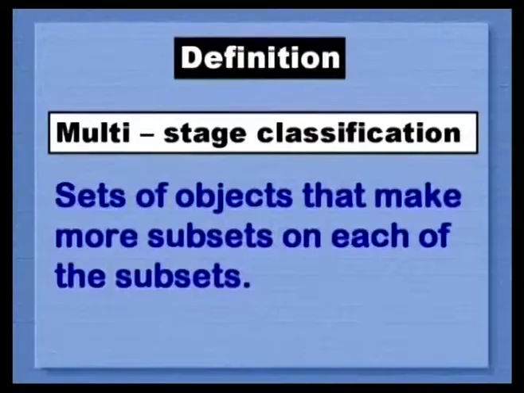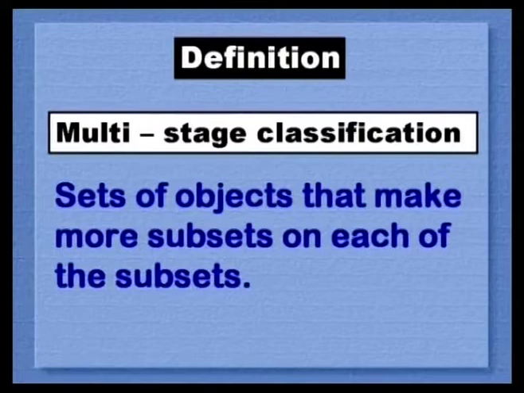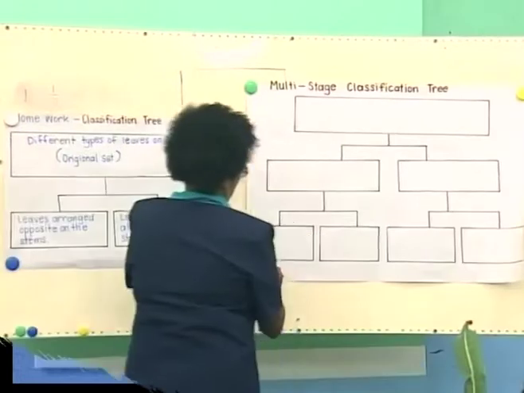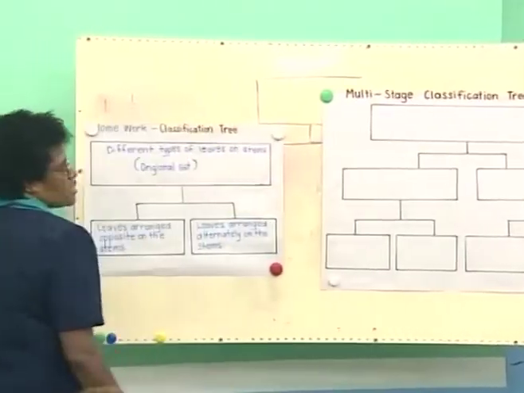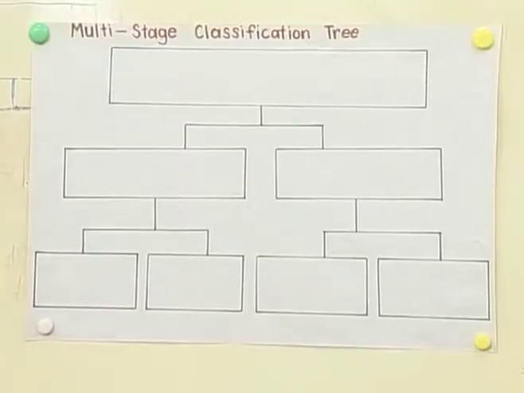Now, for this lesson, we will be looking at multi-stage classification, which is a set of objects that make more subsets on each of the subsets. Now, this is what it would look like. That's a multi-stage classification tree. You will be working on that as we go through the activity.